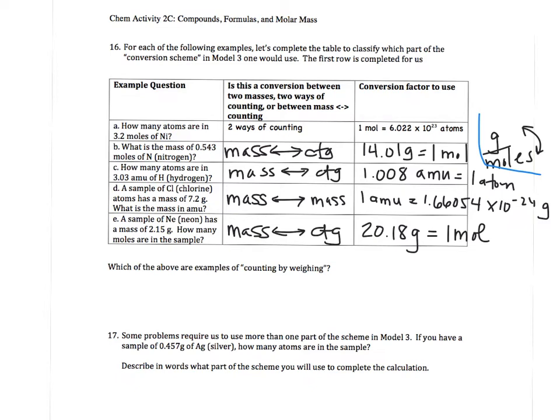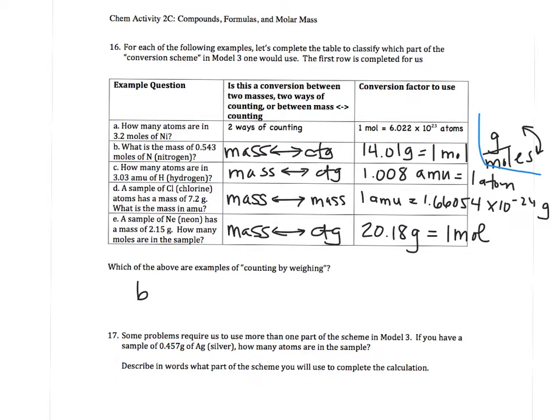So let's look at how that worked in this case. If we started with a mass here and ended up with moles, that would be counting by weighing. So we can see that B is an example of counting by weighing because we weigh it and then we're able to count it.